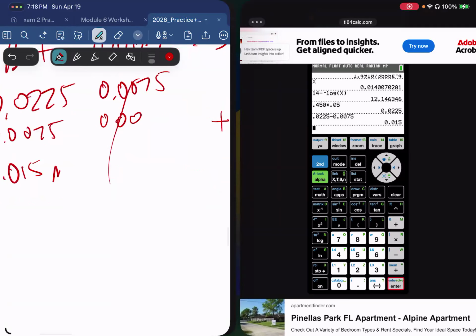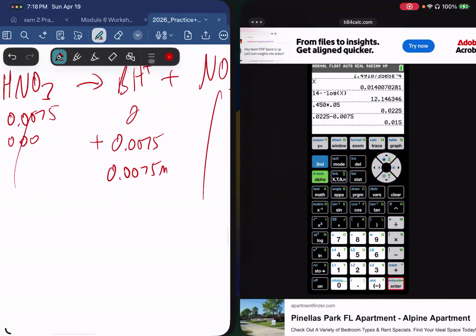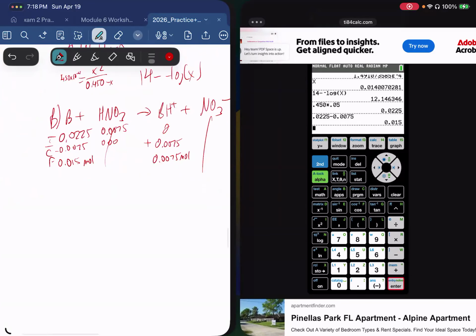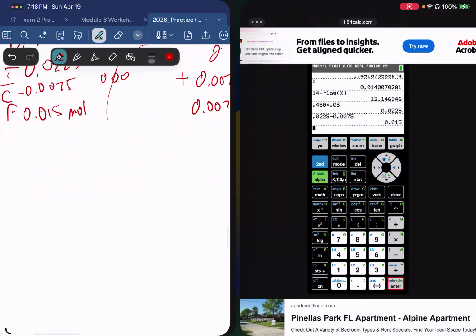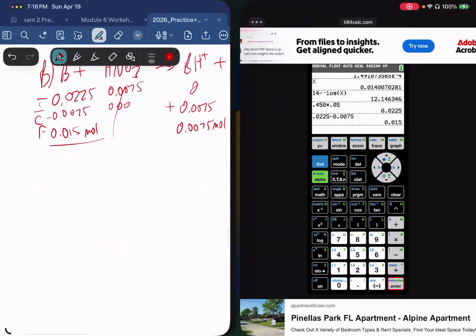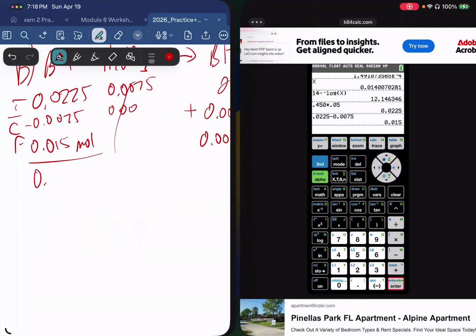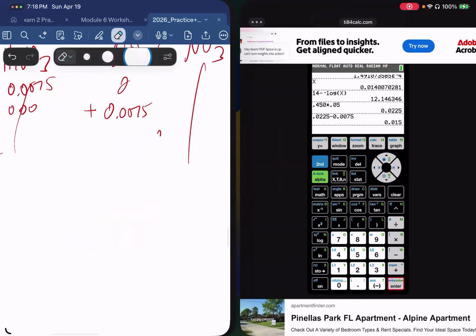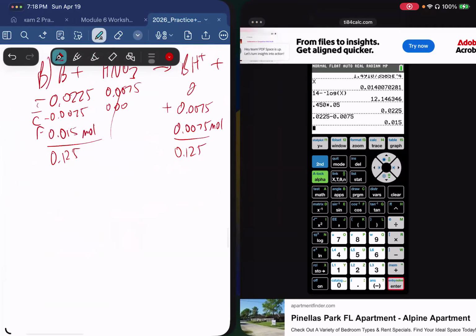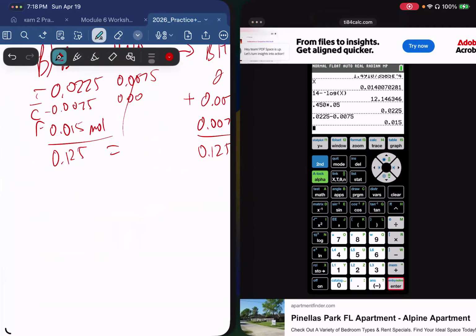And that's the moles. So we have the acid, we have the base, we have the Kb, so we can do Henderson-Hasselbalch. When we divide this by the volume, that's 75 plus 50, that's 0.125. This value is 0.015 divided by 0.125.